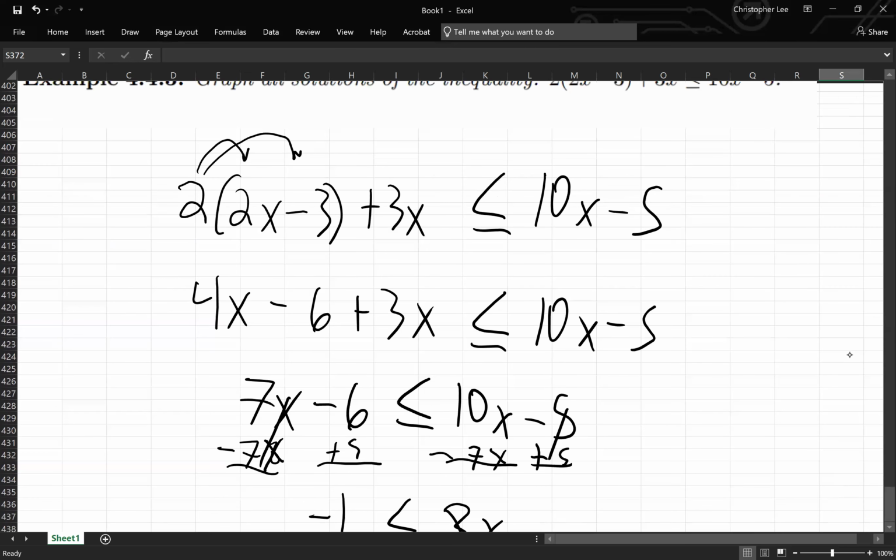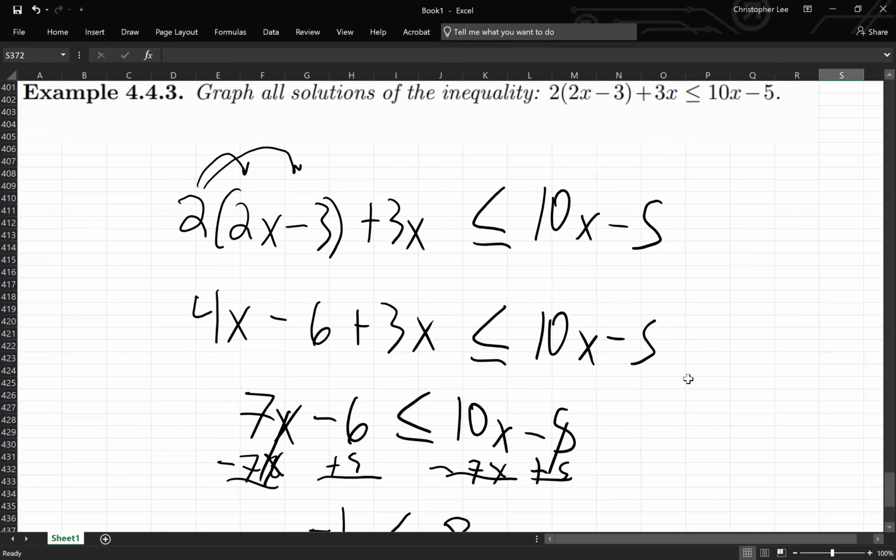Combine the like terms: 3x plus 4x, 7x. And then what am I gonna do? I'm gonna graph that answer that we just found, which is the -1/3. And then I'm gonna shade either to the left or to the right. That's it.